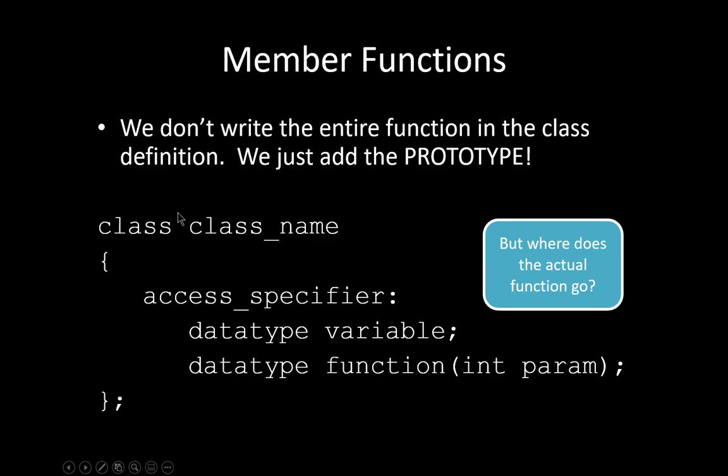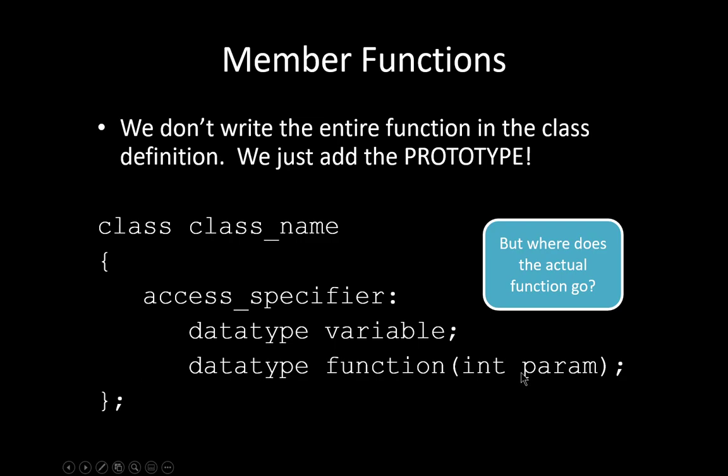What you should really do inside your class is just write what's called the prototype for your function. So the data type, the function name, and the input parameters, and nothing else. And end it with a semicolon.